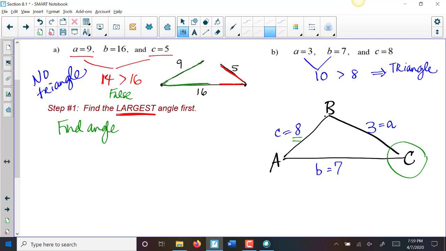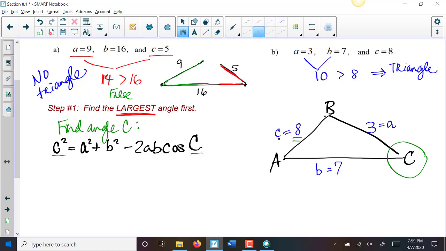Now, this is where it's a little tedious to use the law of cosines to find an angle. All right, so if I'm finding angle C, then I choose the formula that has little c all by itself. So this is the one I'm going to use. Little c squared is equal to a squared plus b squared minus 2ab times the cosine of C. Here's the idea.